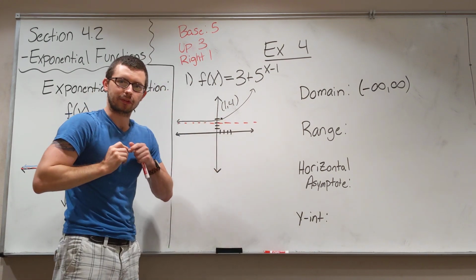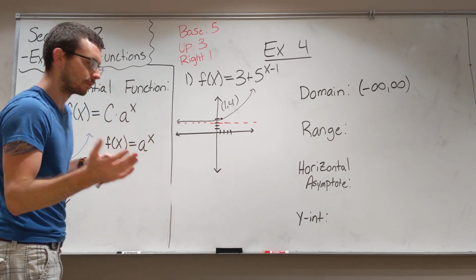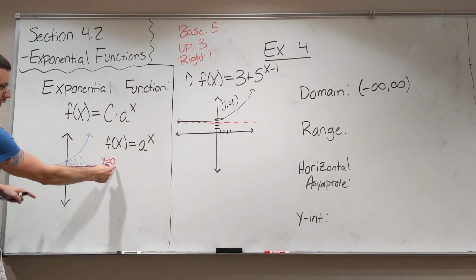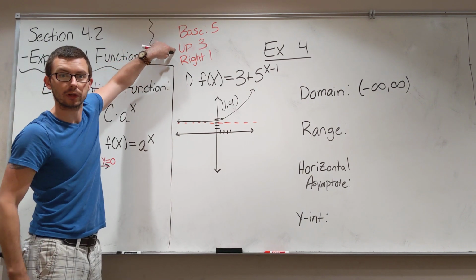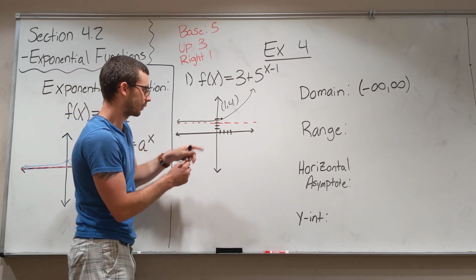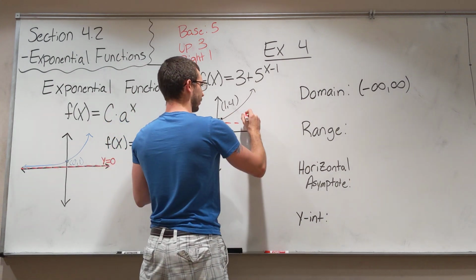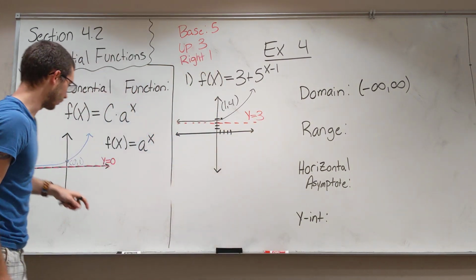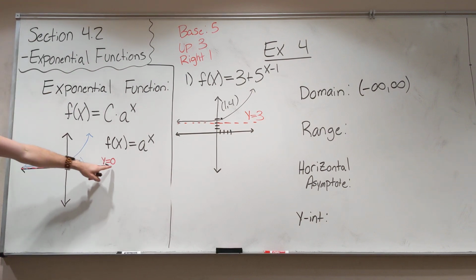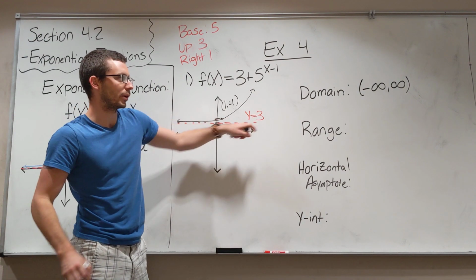Originally, the barrier is at y equals 0. But because we went up 3, the barrier is now at y equals 3. So since we went up 3, y equals 0 becomes y equals 3.